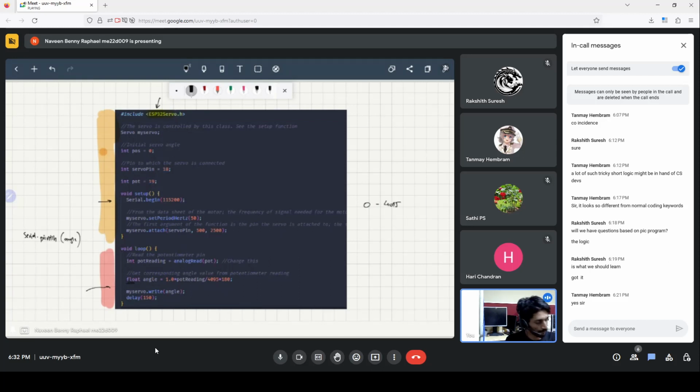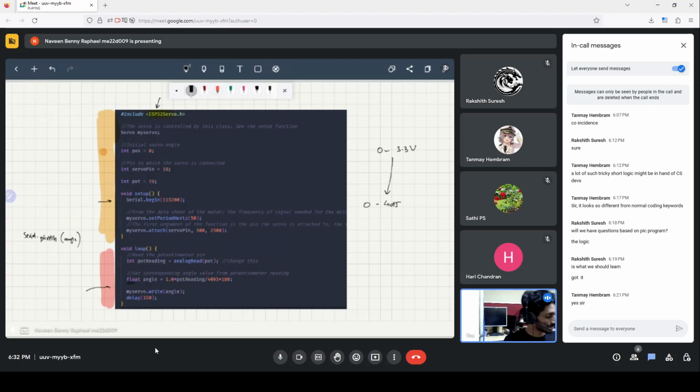Essentially, it converts 0 to 3.3 volts into a digital input. So the potentiometer reading is a value from 0 to 4095, and if I want to know what the specific voltage is, I can always use ratios and figure out what the voltage is with a little bit of multiplication.